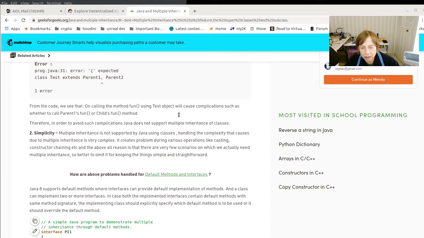Either class D must re-implement the method, it could pick an implementation, or it'll be rejected as a compile error. Prior to Java 8, it did not support it. I didn't realize that they started supporting it in 8; I just tend to avoid it. And there are other ways of working around it as well.